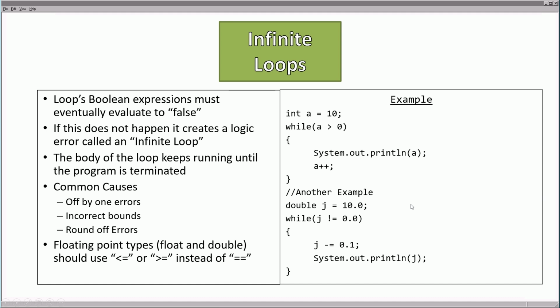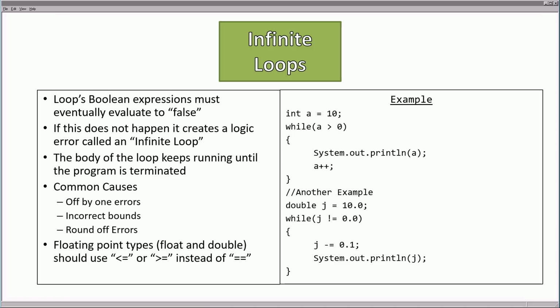An even stranger example is right here. Let's say we declare the variable double j, and we assign it the value 10. Now while j is not equal to 0, we subtract 0.1 from it. So why would this cause an infinite loop?